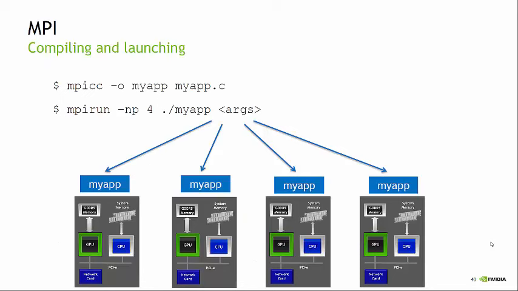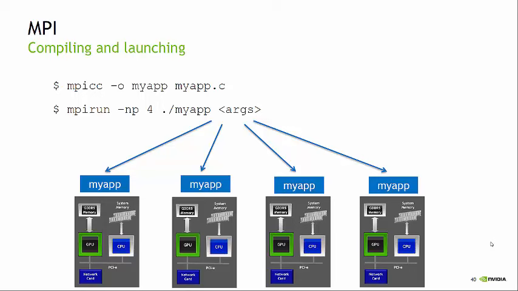Compiling and launching MPI, you have to use a special compiler. Sorry, it's a wrapper compiler. This is a C application I'm running here. mpicc would replace gcc or pgcc or any of your regular compile lines. So for Fortran it would be mpif90, for example. And then we call mpirun with the number of processes we want, and then your application.